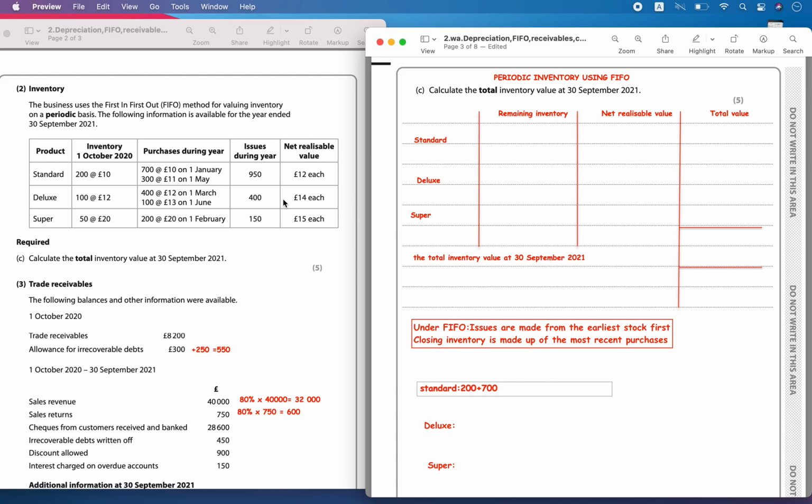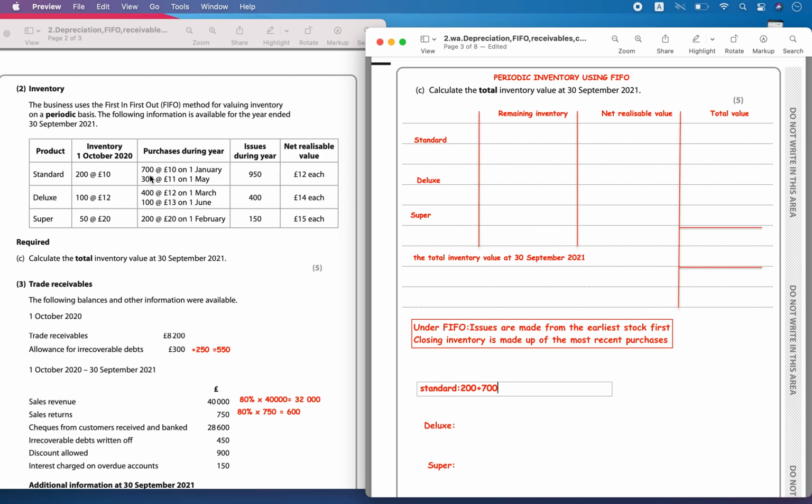Whereas in perpetual inventory you are going to update after each issue or purchase happening. The closing value of inventory is going to change after a purchase or issue. Here it is going to change only at the end, after all the purchases and issues.